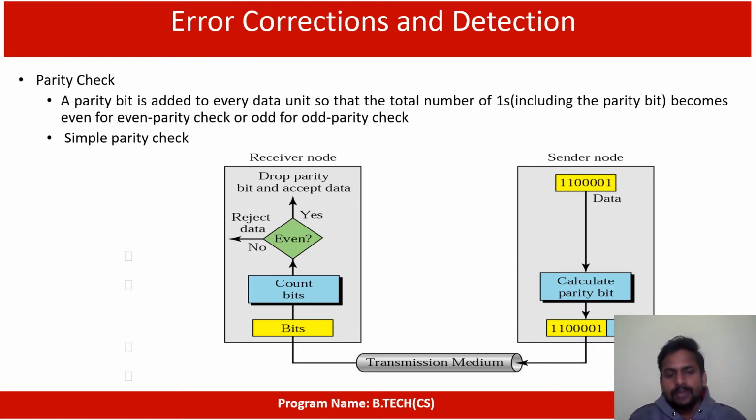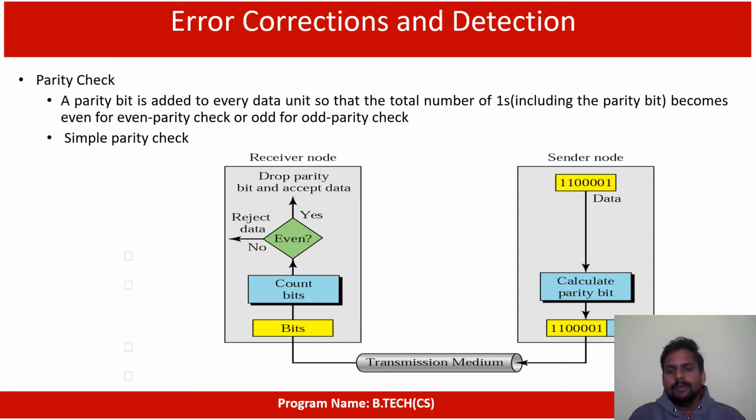I told you that data will be converted into binary only, and directly we cannot transfer all the binary data to the target machine, so we have to make groups. While receiving that binary information, it will make groups, for example of 7 bits or 8 bits. Okay, so in that group we need to find out how many ones are present.